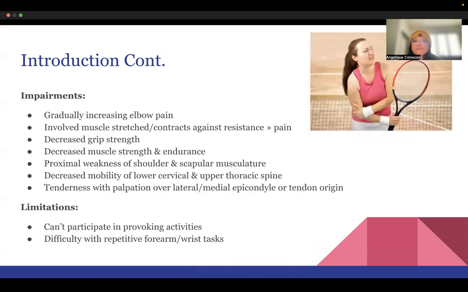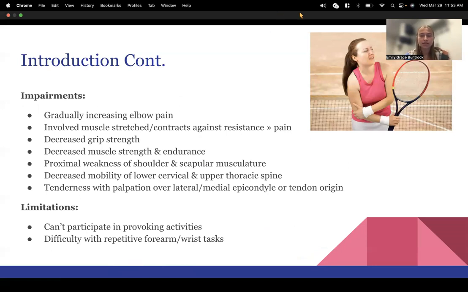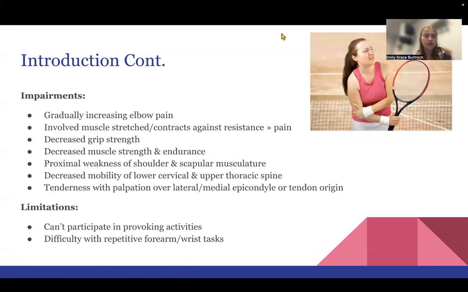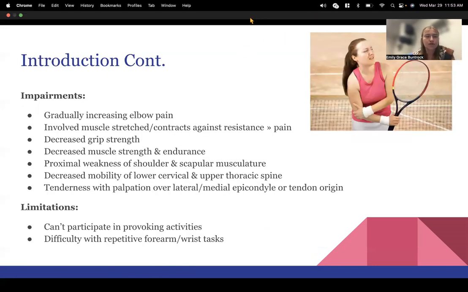And then there are various impairments and limitations that are caused with this. Extensive activity of the wrist and the hand will lead to gradually increasing pain in the elbow region. Whenever there's also muscle stretching or contraction against resistance, this will also result in pain in the elbow area.